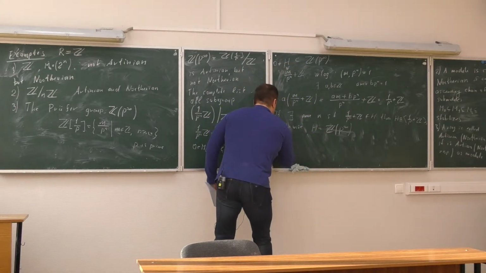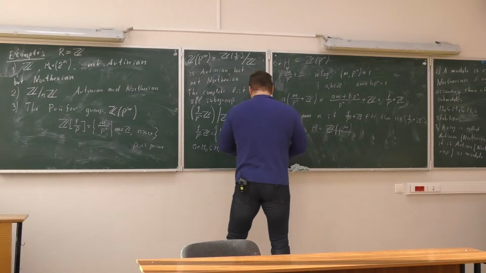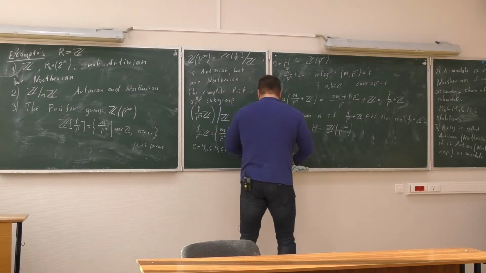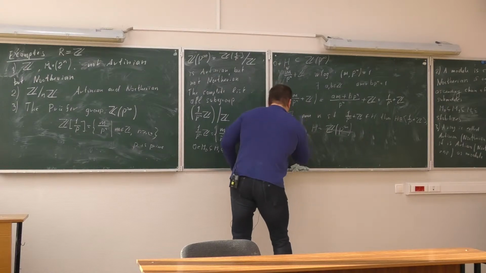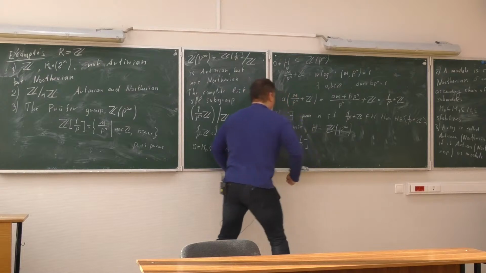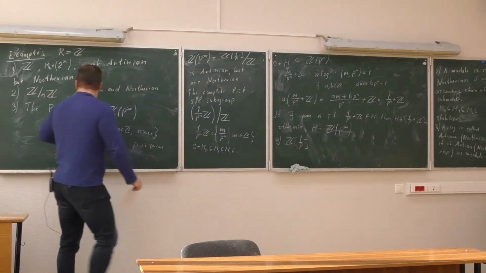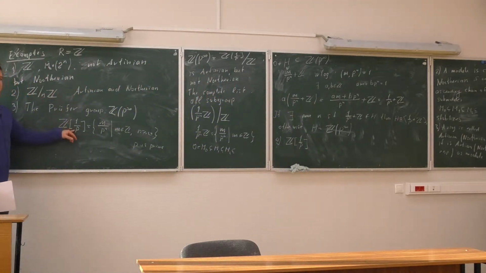And now the last example, example 4. So maybe let's go back to this Z adjoin 1 over p. What can we say about it?